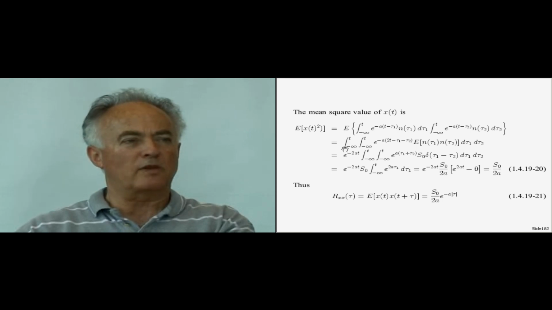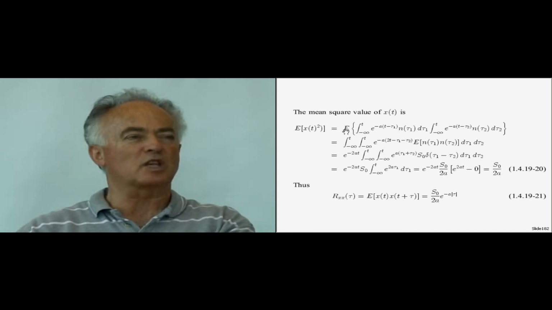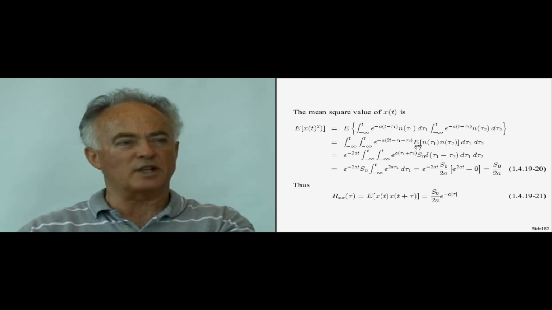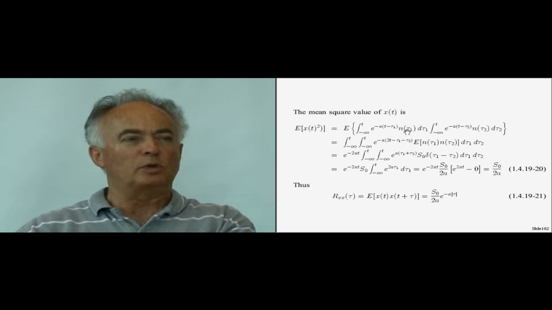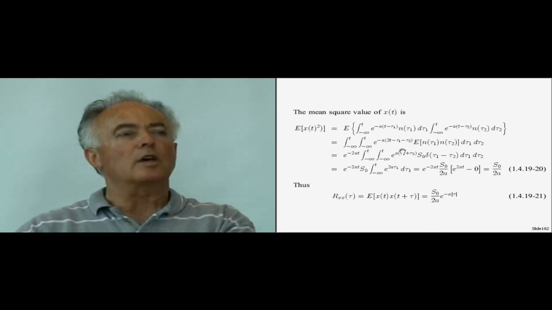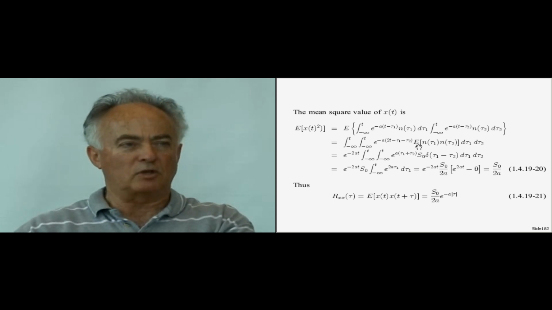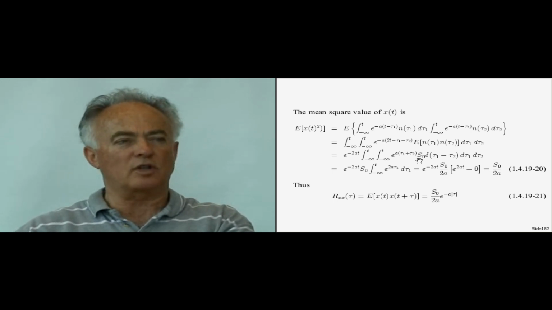So the expected value of this double integral is the double integral, and we pass the expectation all the way inside to the product of n(tau1) and n(tau2). There's nothing else random here except the two, n(tau1) and n(tau2). And what we have now, this expected value, is the constant S0 times the delta function.